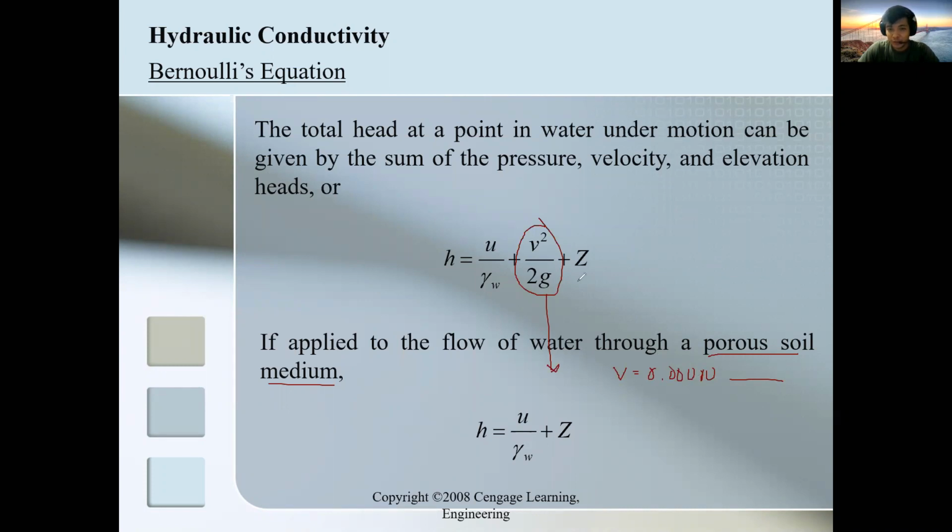Even if you square it. In the numerator, you have to square the velocity, imagine squaring 0.000 something, then divide it by 2, then divide it by gravity. So it becomes even smaller, 0.00000 something, and it can be neglected since it's a very, very small number.